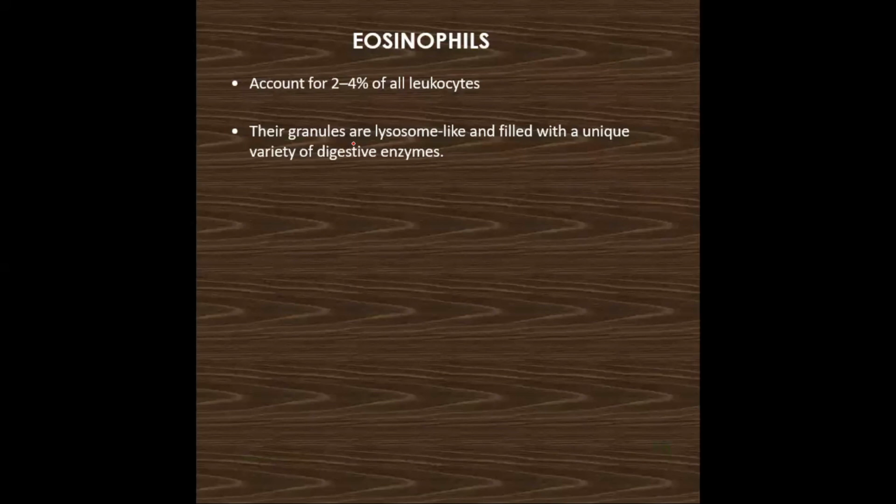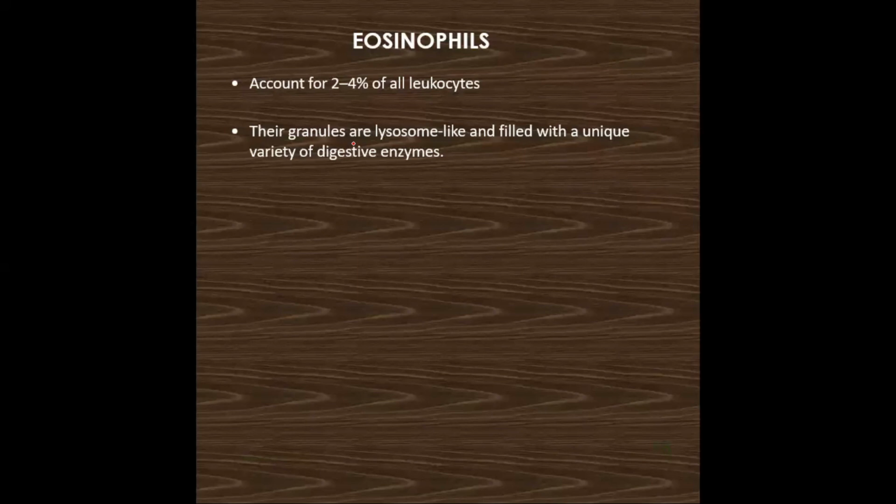These cells are present in high concentrations in the digestive tract. They lack enzymes that specially digest bacteria, and their most important role is to lead the counterattack against parasitic worms such as flatworms, like tapeworms and flukes, and also roundworms, that is hookworms.